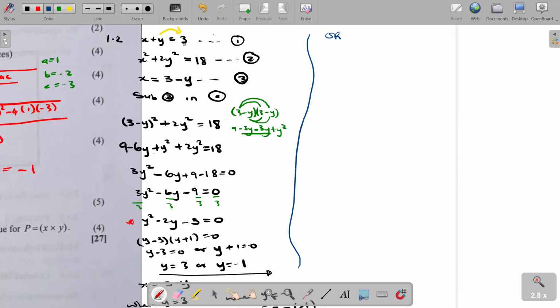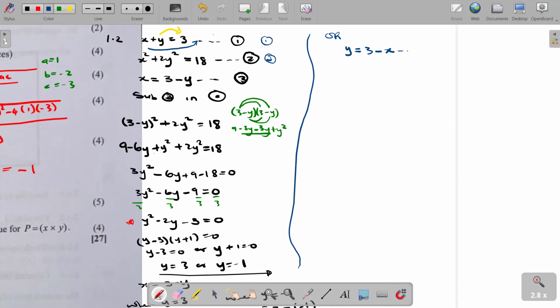If you make y the subject of the formula, this is equation 1, this is equation 2. So to formulate equation 3, you can decide to make y the subject of the formula. It was going to be y equal to 3, then you transpose the x here. So it was going to be minus x.